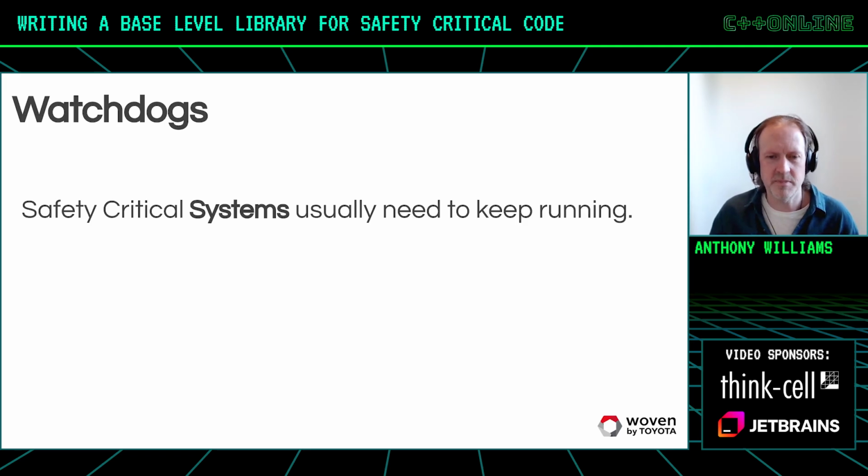If somebody's pacemaker stops working and just freezes, that's not going to be good. If the steering system in a car stops working whilst you're driving, that's not good. If the drive chain stops working, it's not good. The system as a whole needs to keep running. But the individual pieces of software don't necessarily.